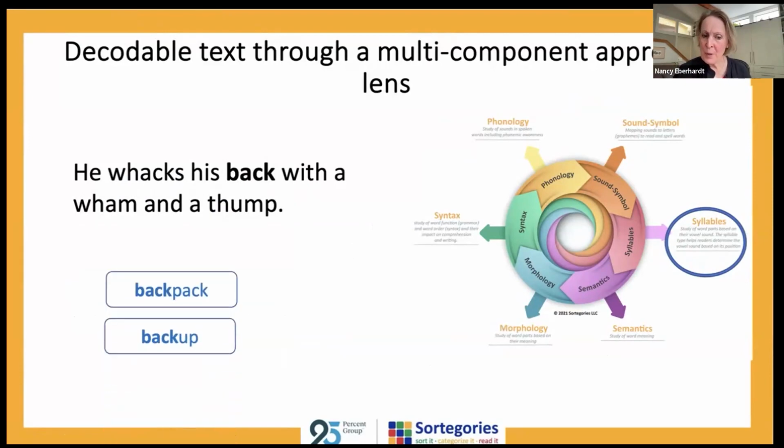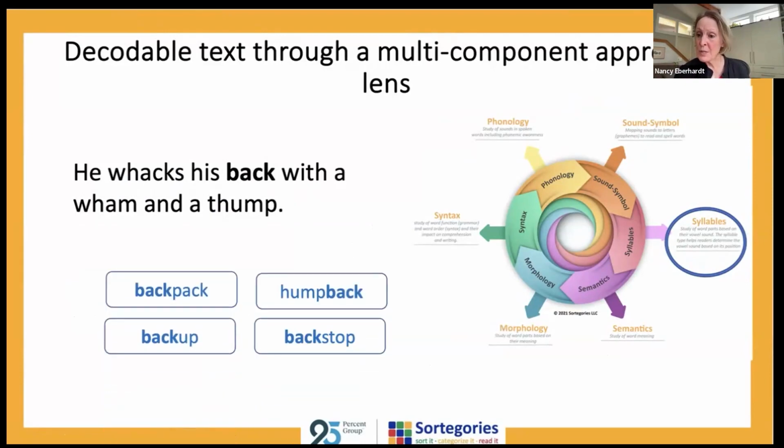And we might come up with some of the two-syllable words where one of the syllables is the word back, where the students may still be in that same decodable book, but we're making that task a little bit more challenging.